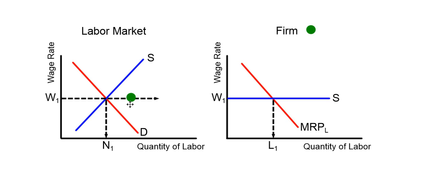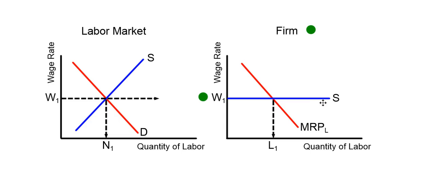The wage is set for the firm, so that's going to end up being the firm's supply of labor. The actual wage rate in the market ends up being the firm's horizontal supply curve for labor, so we just extend that over to here.